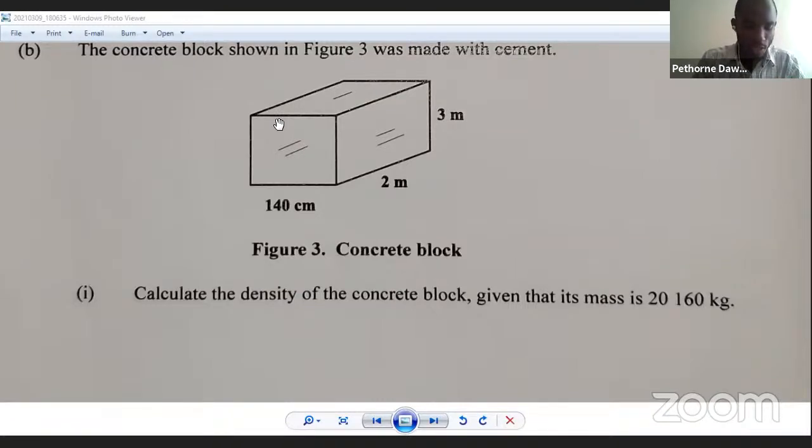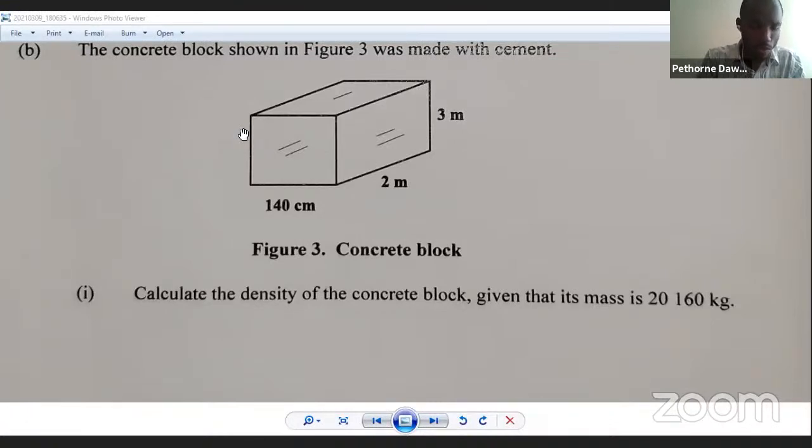All right, so it is 20,160 times 10 Newton per kilogram, which gives us 201,600 newtons. So that's the weight, which is a force, and the area is 2.8 meters squared. So to find the pressure, and as I said, if you need me to go to the whiteboard, say so now or while I'm working it out.